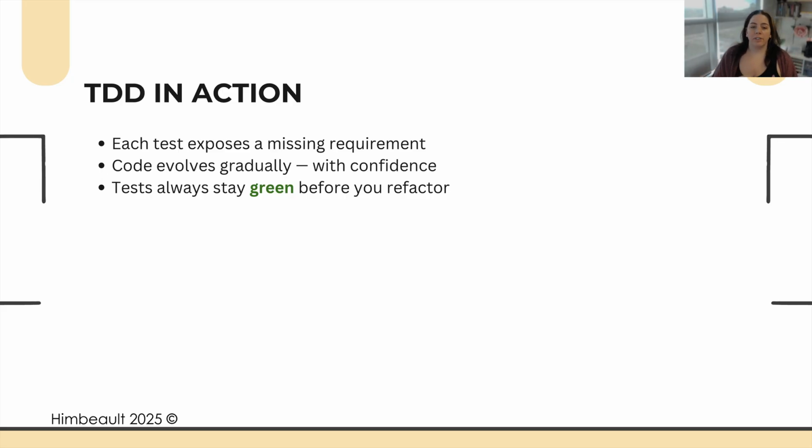And this way, our code is evolving gradually. It's evolving with confidence because we know we're hitting each of the requirements in a very targeted way with each of our tests. We're not just figuring it out as an aftermath. And we also get to grow with confidence knowing that our tests are staying green. So even when we do a refactor after, we know we had working code, we should have working code after.